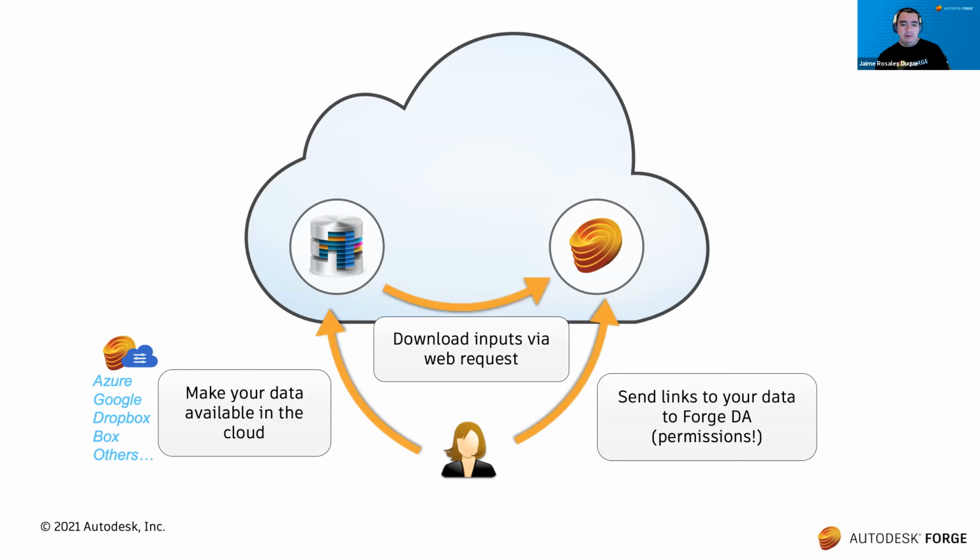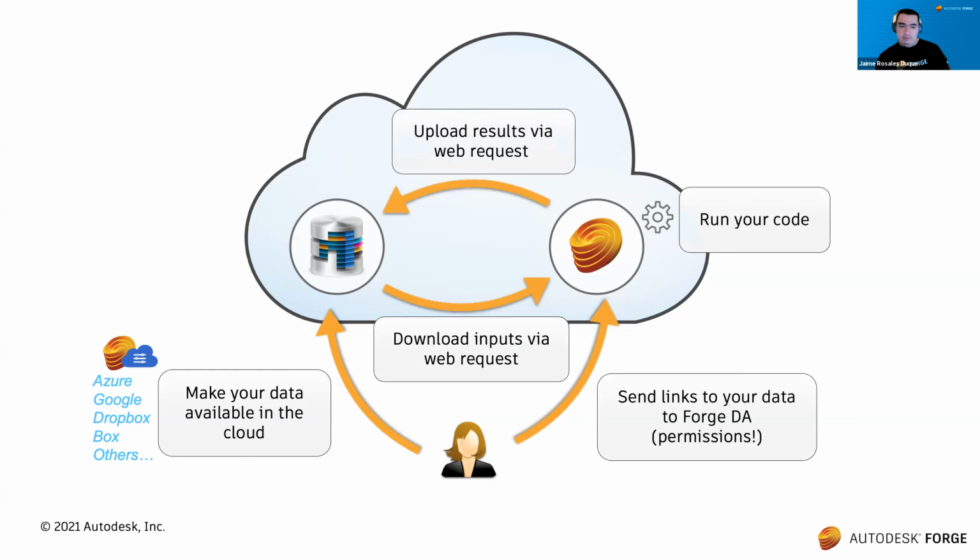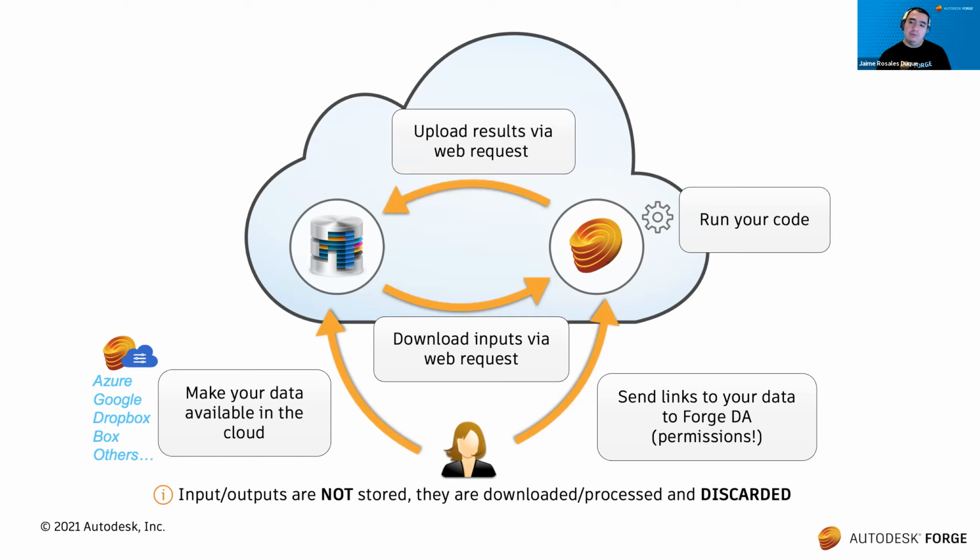Then we download those inputs via a web request, we run the code, and then we upload the result via a web request. From there, we get back the result of the operation that happened on that automation plugin.